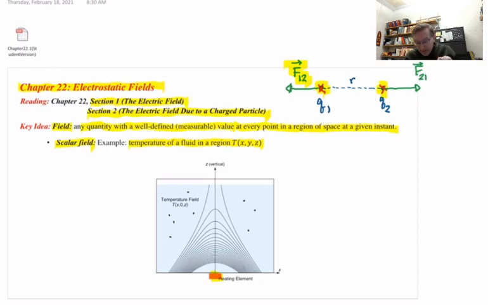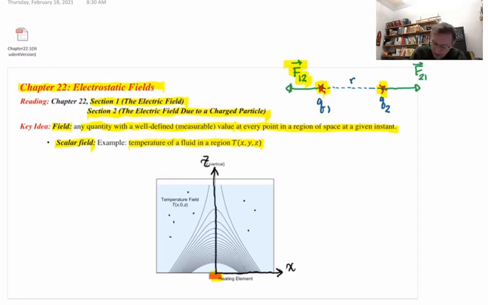Now, to tell you the location, I've got to tell you the coordinates. So I need a set of axes. The way I set this up, the origin was at the heating element. There was an x-axis going to the right, a y-axis going into the screen, so you can't see it in this side view, and a z-axis going vertically up.